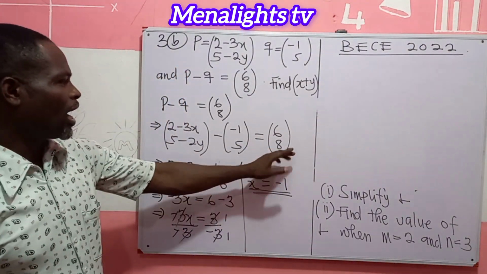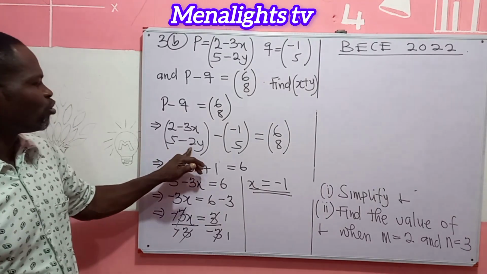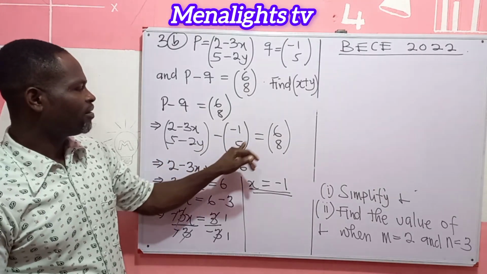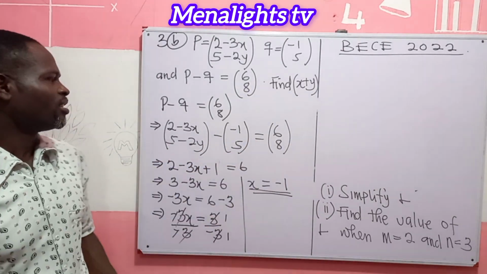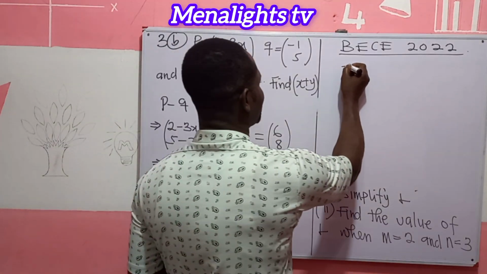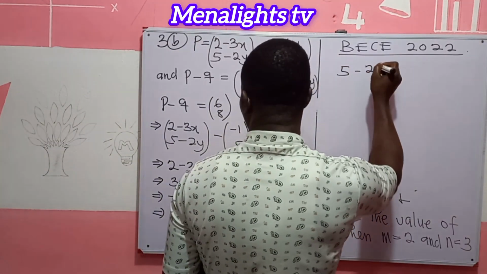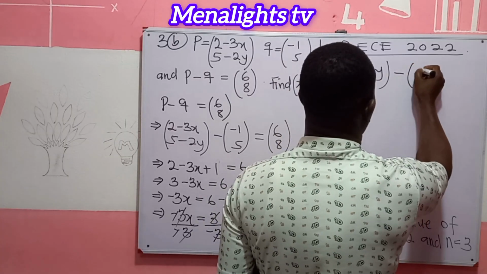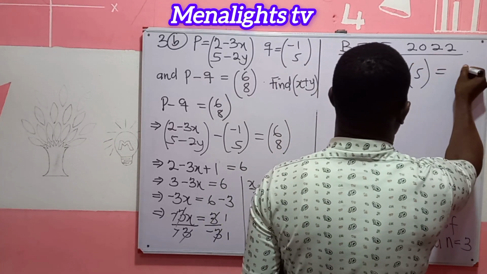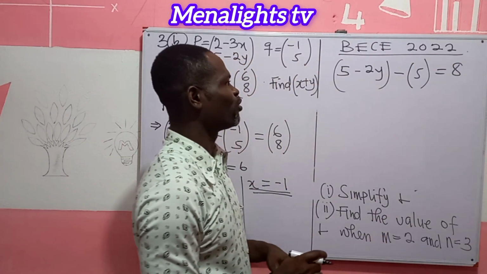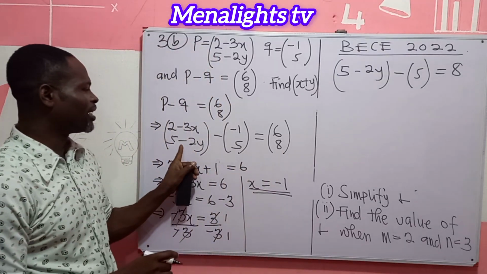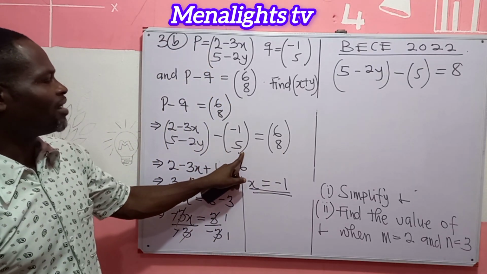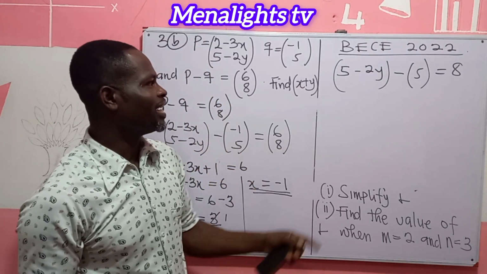Get the value of y. So we know that 5 minus 2y minus 5 is equal to 8. So we have the 5 minus 2y minus 5 is equal to 8. That's what we have as well. So we are taking the down one. 5 minus 2y minus 5 is equal to 8 there.